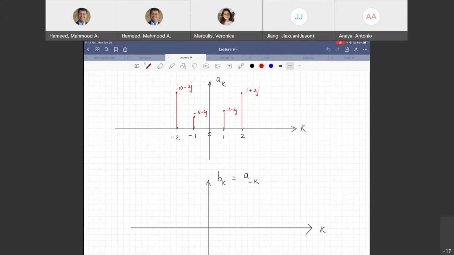Flipping it about the y-axis, right? So this one will be 1 plus 2j, negative 1, negative 2j, negative 5, negative 2j, negative 10, negative 2j. Flipped about the k-axis.